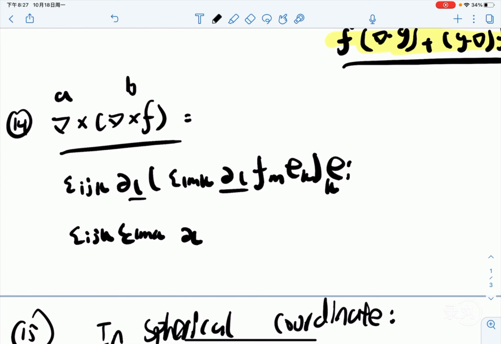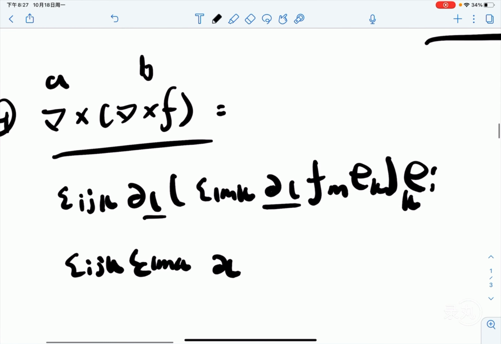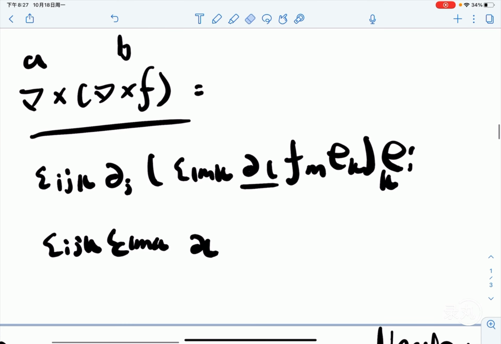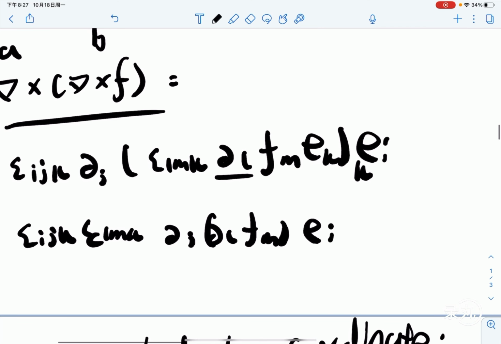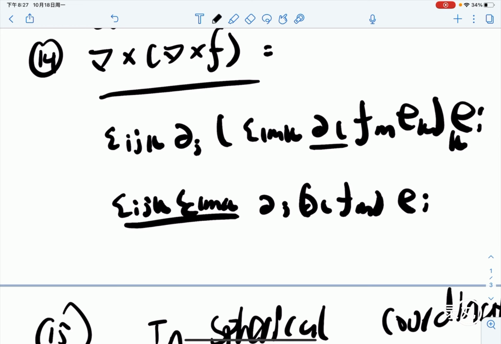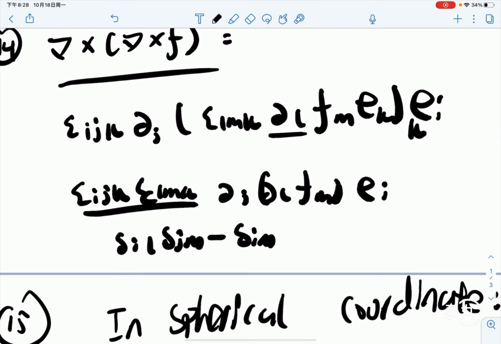Wait, this one's J, oh my god, what am I doing? ∂_J F_L G_M e_I. This term is equal to δ_IL δ_JM minus δ_IM δ_JL.